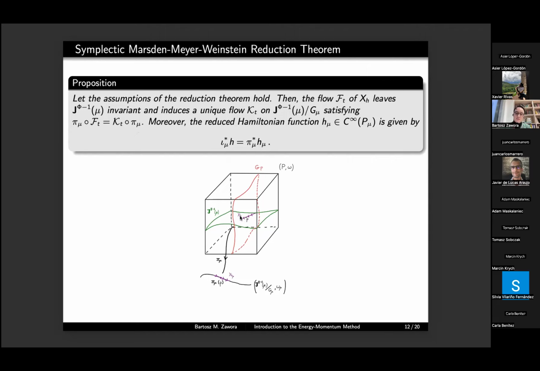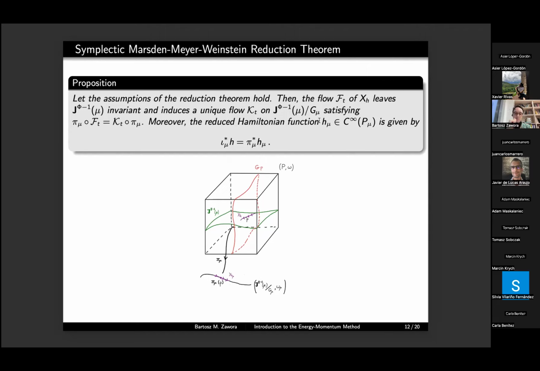Since the flow leaves invariant the level set of the momentum map, the dynamics is contained in this level set, right? So we can reduce this dynamics on the quotient manifold, and we get the Hamiltonian vector field X_H mu, which is the Hamiltonian vector field associated with the reduced Hamiltonian function H mu.